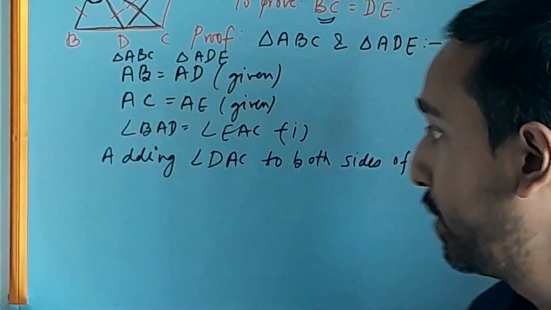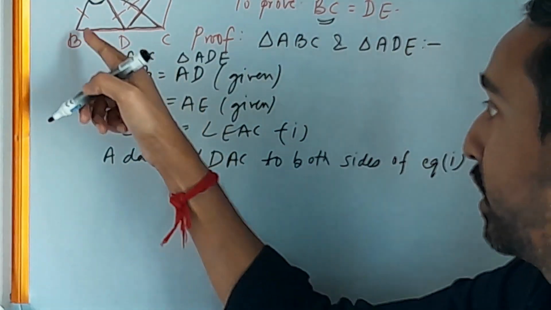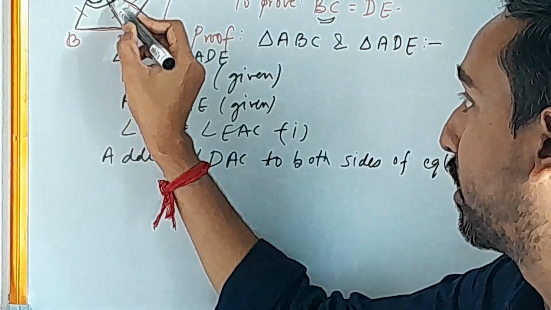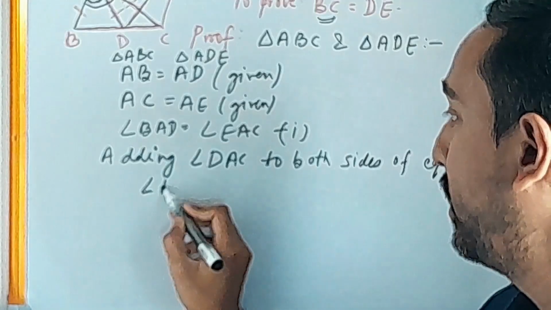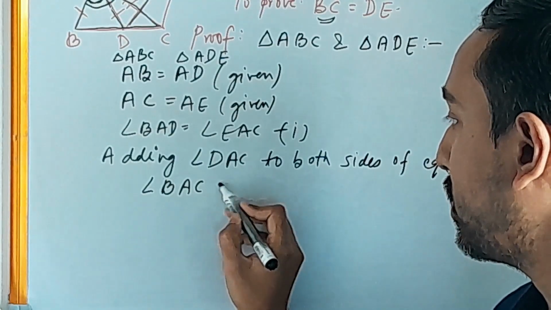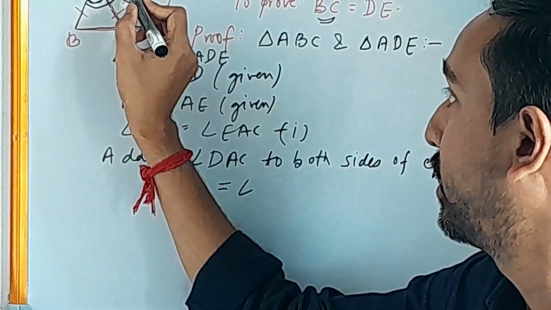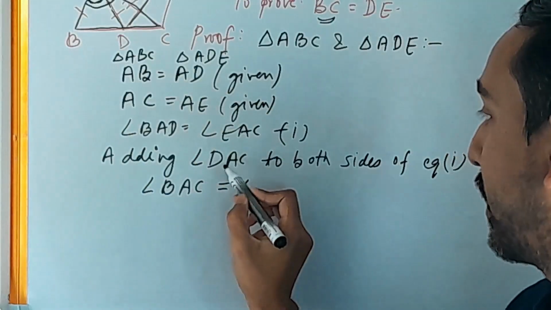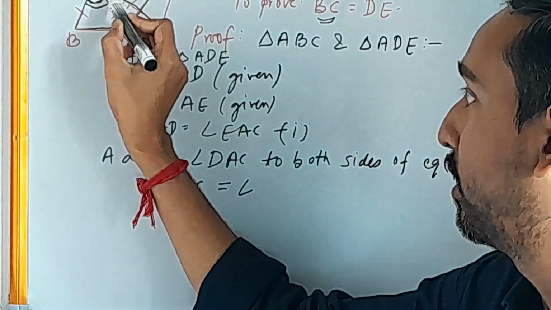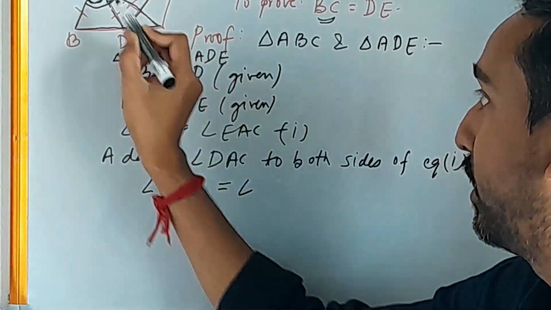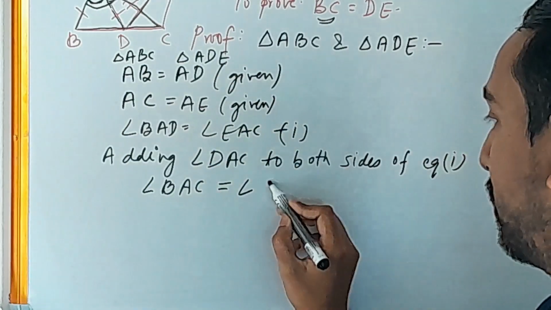If we add angle BAD and angle DAC, we will get this whole angle, that is angle BAC, which will be equal to, if we take angle EAC, this small angle, and add angle DAC, this small angle, then we will get this whole angle, that is angle EAD.